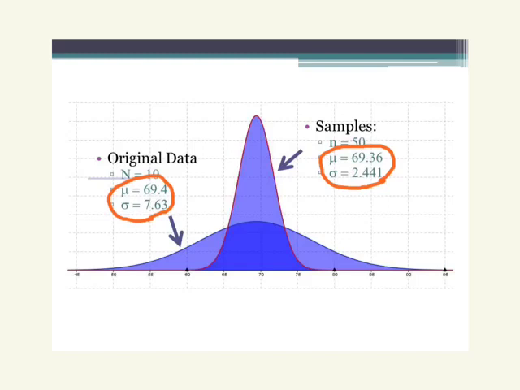And that's good because what we want to be able to approximate is the center. Well, notice how much more of the sampling distribution is closely centered on the mean than even the original data was. Now, why is that?